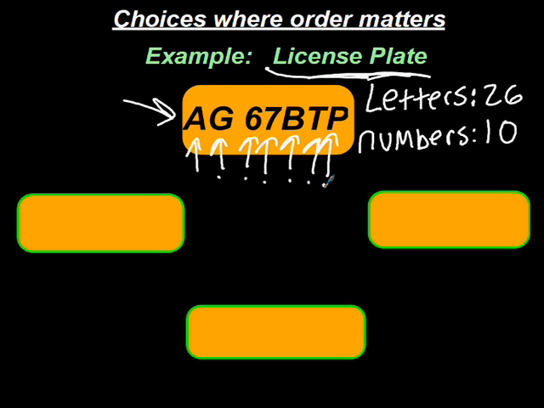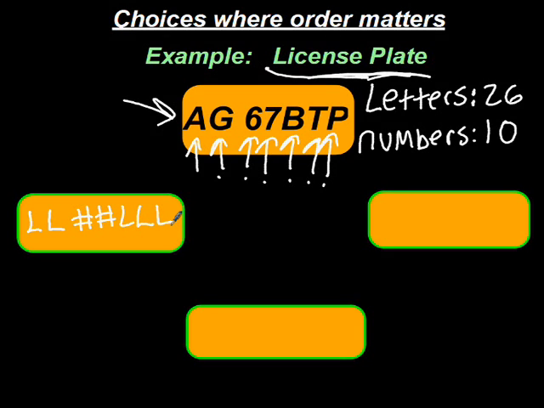Let's say we wanted to decide how many different combinations we could have of this type of license plate. If I had a letter and another letter, then a number and a number, and then a letter, a letter, and a letter, how many different ways could I have this?